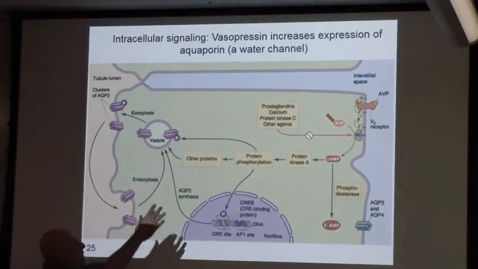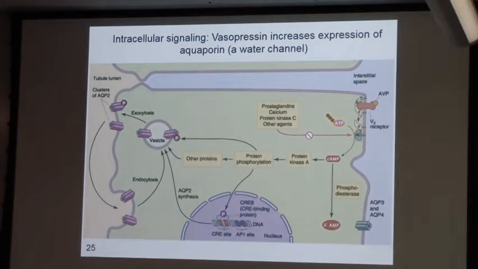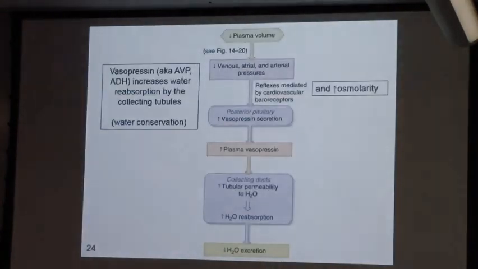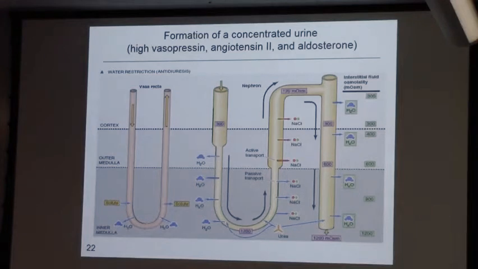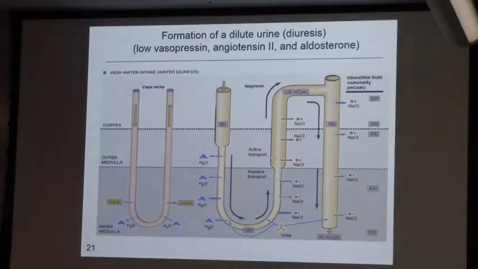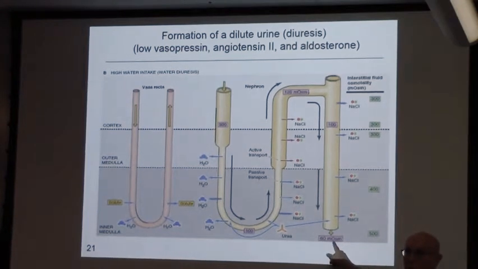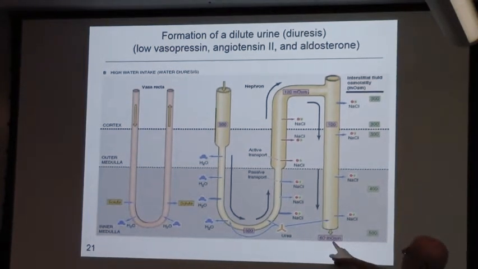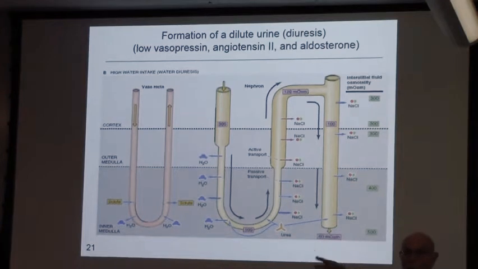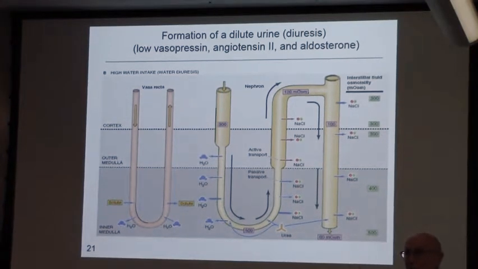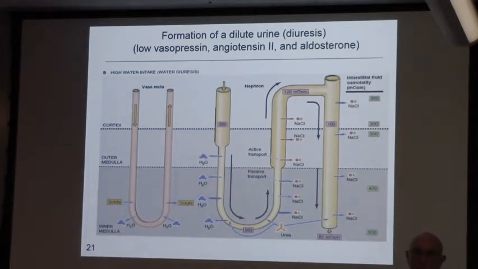No vasopressin, no story, no aquaporin expression. Always low vasopressin, always producing a dilute urine. That's what we've got going all the time. No matter how dehydrated this person is, they're not producing vasopressin because their posterior pituitary can't.